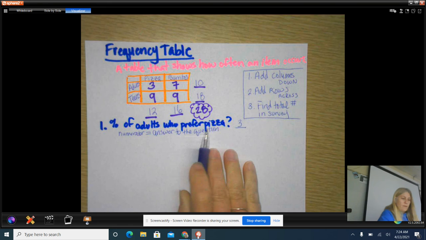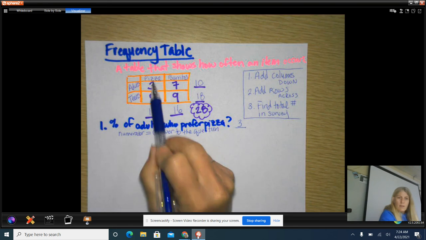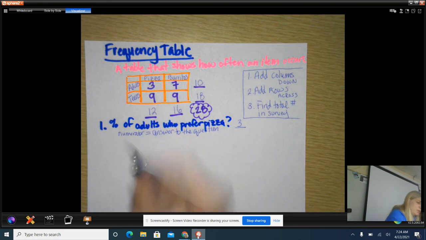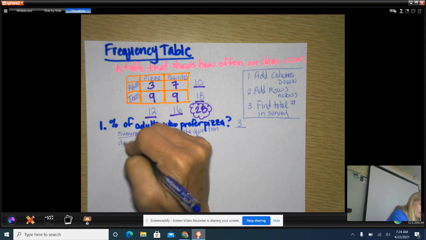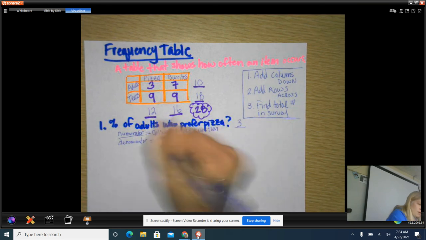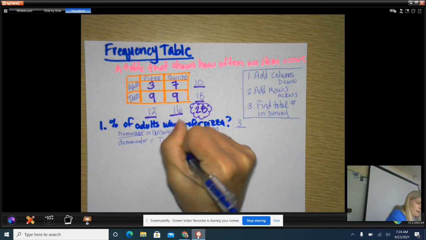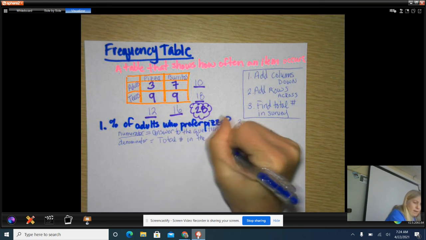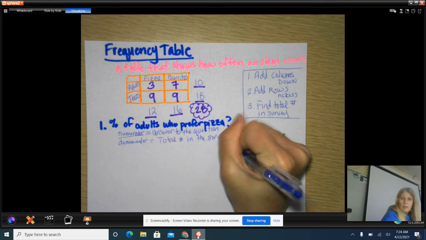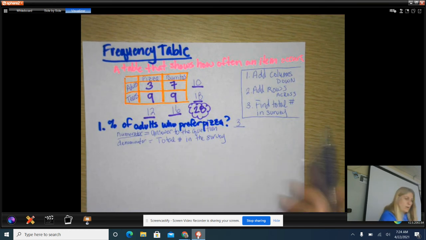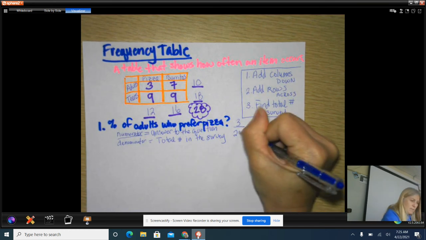The question is the number of adults who prefer pizza. So we look at this part of the column, and we see that 3 preferred pizza. Our denominator is going to be the total number in the survey, how many people answered the question. And that, of course, is going to be this bottom total number. So 3 out of 28.